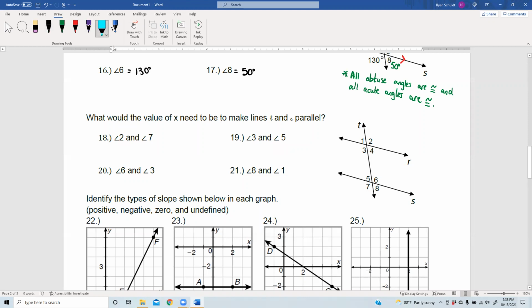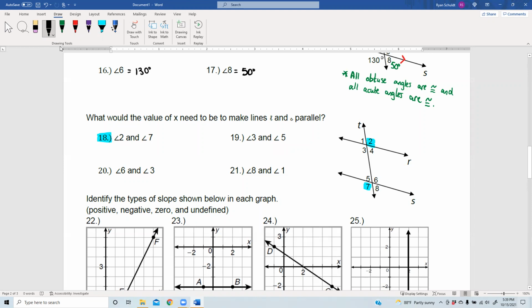So 18 asks us about 2 and 7. I'm going to do 18 in blue here. Are they on the same side?